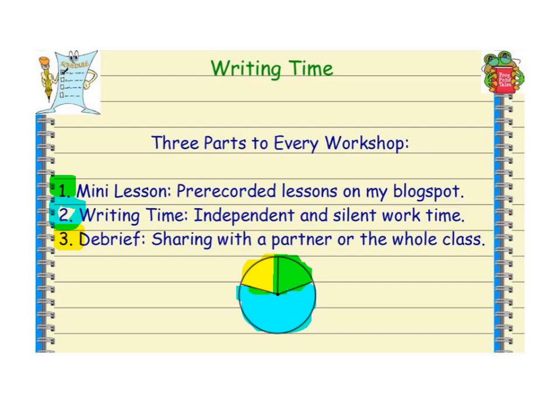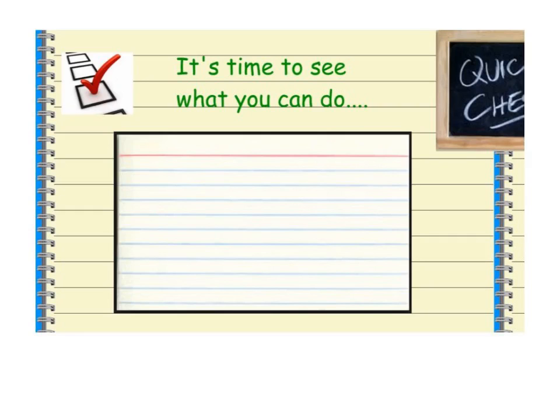So I'll be meeting with students, and I will need you to be independent and silently working, like you read in the handout. It's really important that we honor everybody's time and that you can work independently so that I can meet with all of you on our individual conference schedule. Right now, it's time for me to see what you can do.